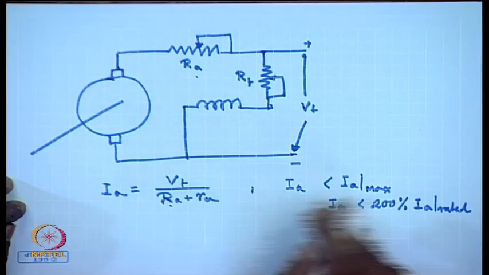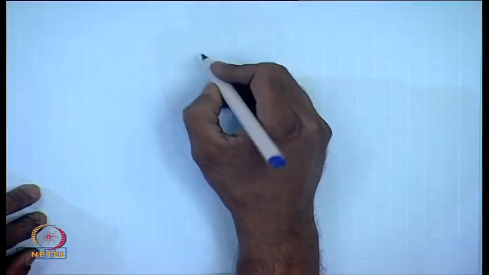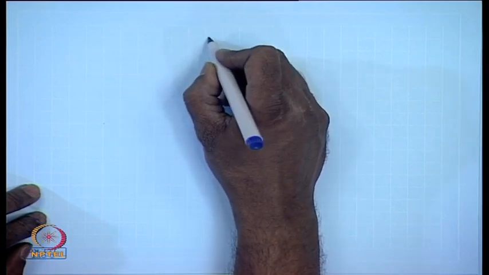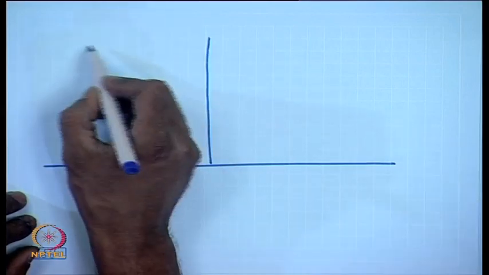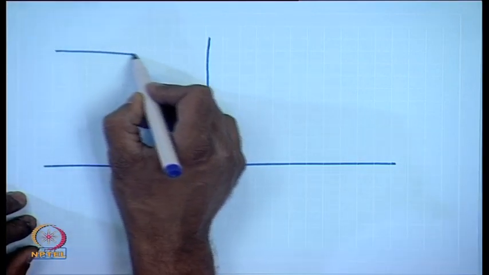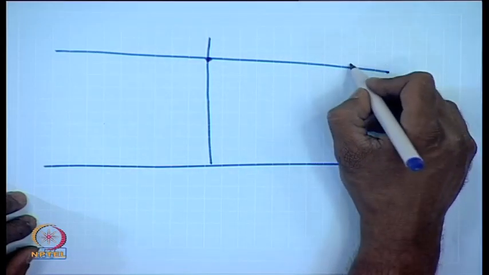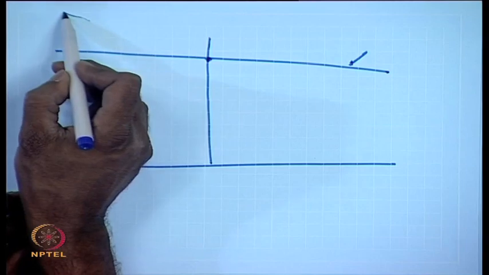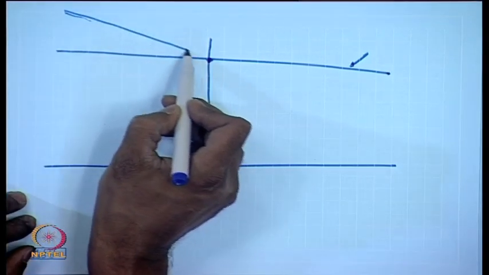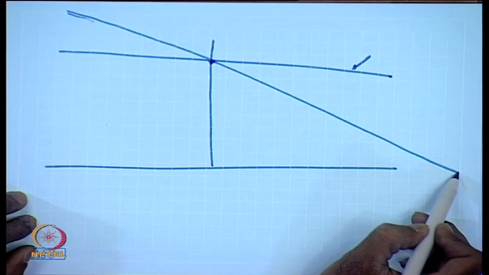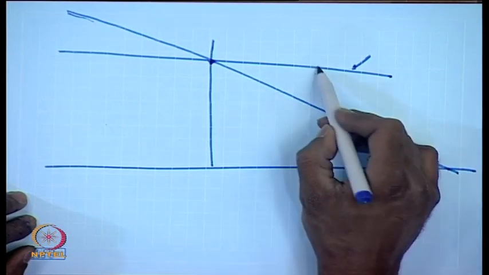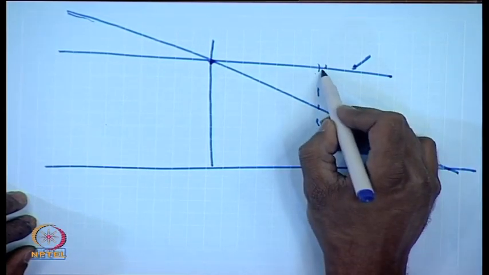So, we add an additional resistance to limit the current, but then what happens? Once we add the resistance, the motor characteristics change. This was the intrinsic characteristics, and possibly this is the characteristics with the added resistance. This is possibly 2 times I_a rated.